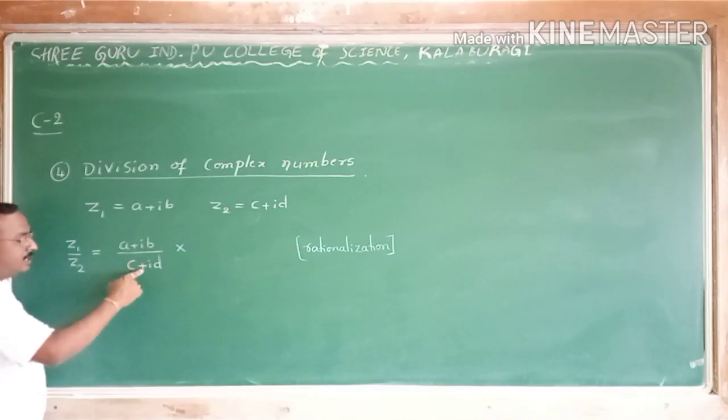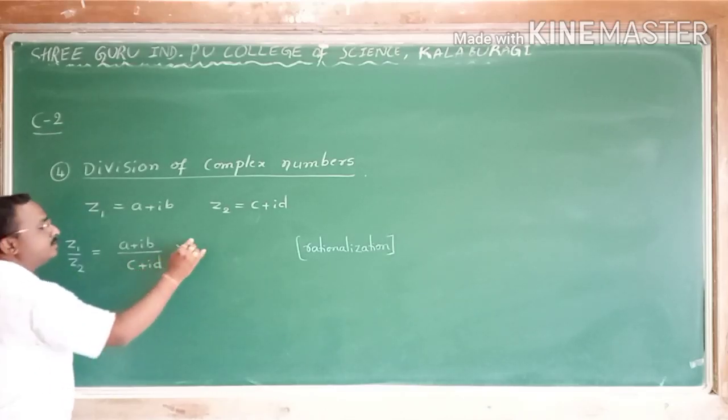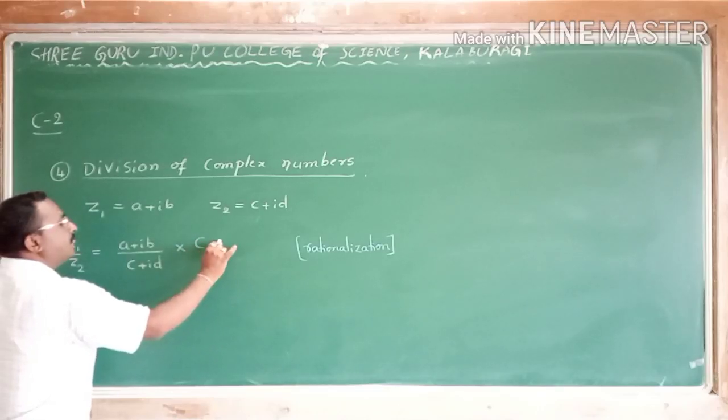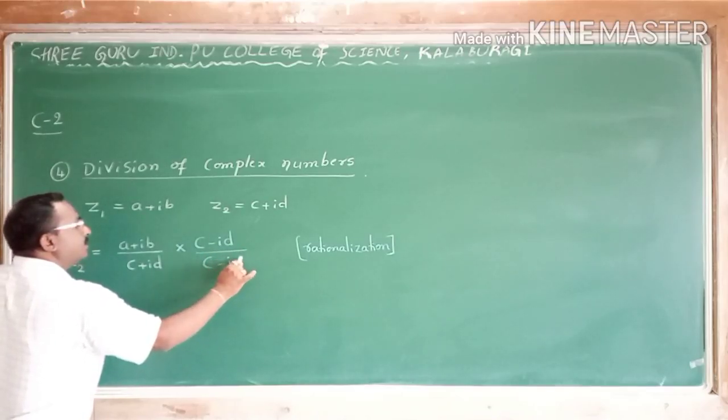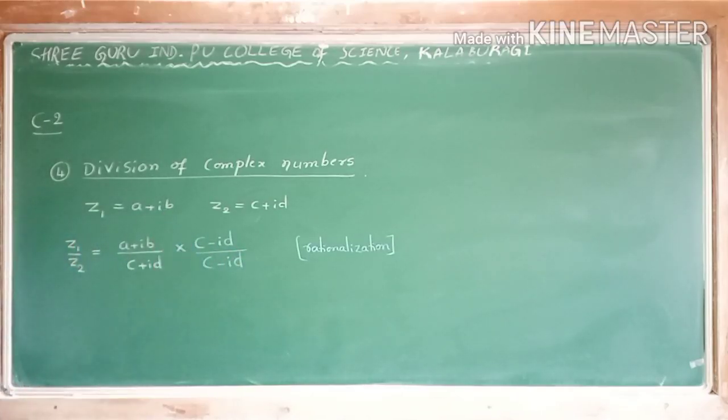Rationalize the denominator: here c plus id becomes c minus id, the opposite sign. This is the rationalization.